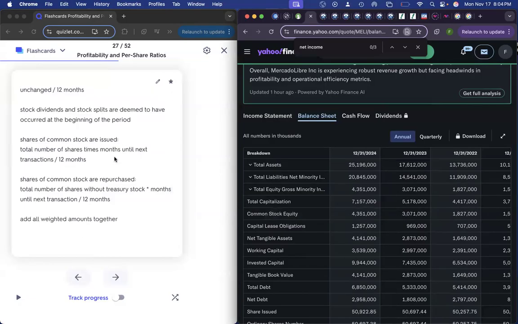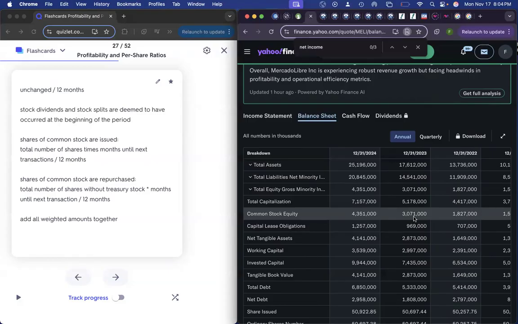However, if shares of common stock are issued, so let's say they increase this by 1.5 million, we're beyond this number right now, but that's okay. They increase it by 1.5 million, so you do the total number of shares times the months until the next transaction divided by 12 months.